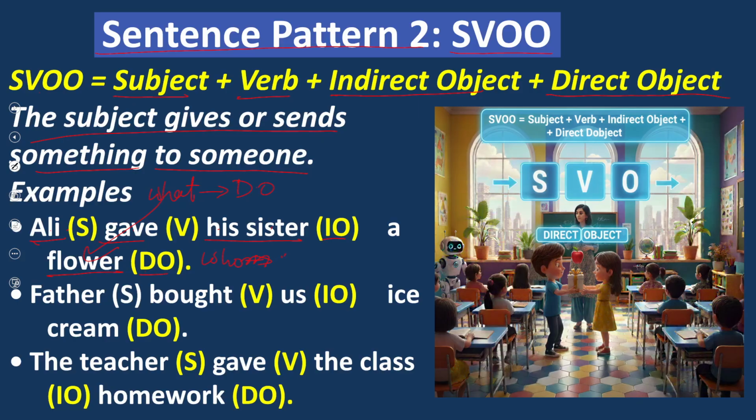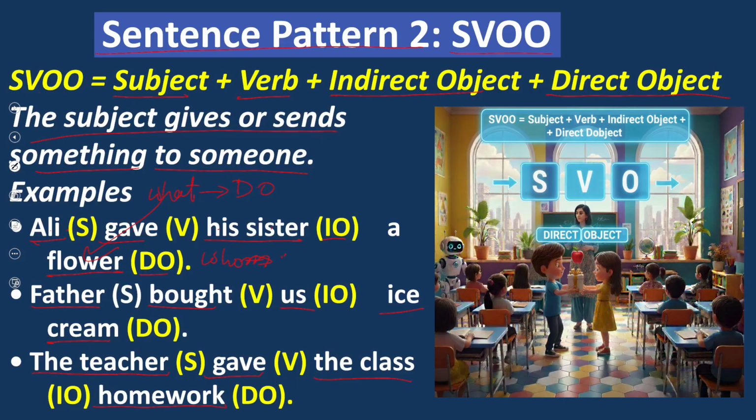Now, look at this. Father bought us ice cream. Now, father bought. What did father buy? Ice cream. Yes. And to whom? Us. The teacher, subject, gave the class homework.